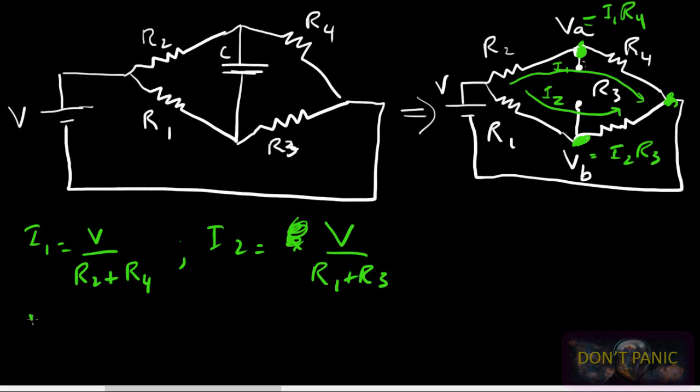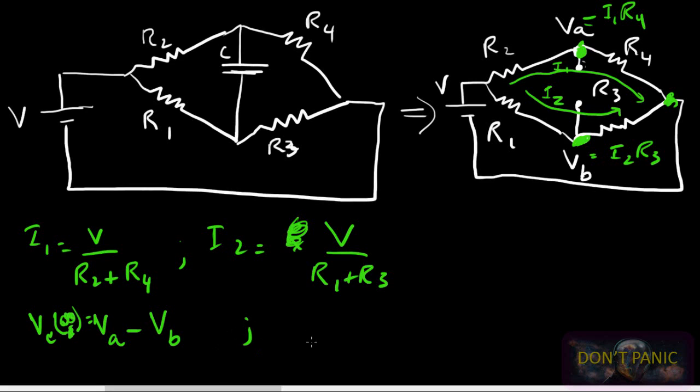So the voltage across the capacitor, when it's fully charged, is going to be VA minus VB. This happens after a very long time, at infinity.